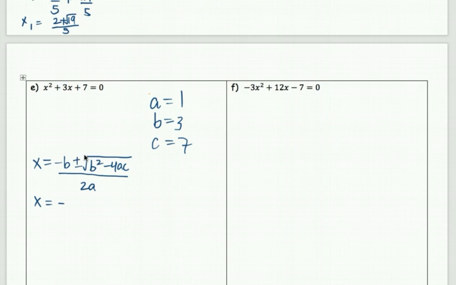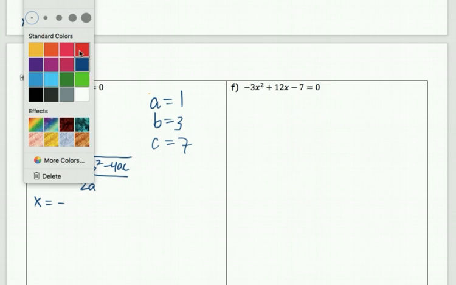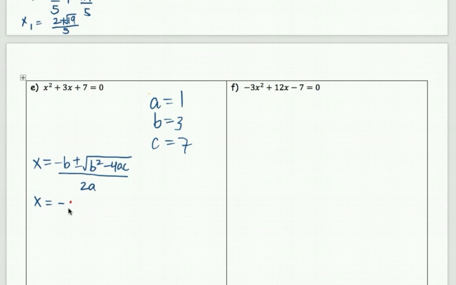Okay, so B is 3. Here, sorry, I should write the colors in. Okay, there it is. And plus or minus b squared.